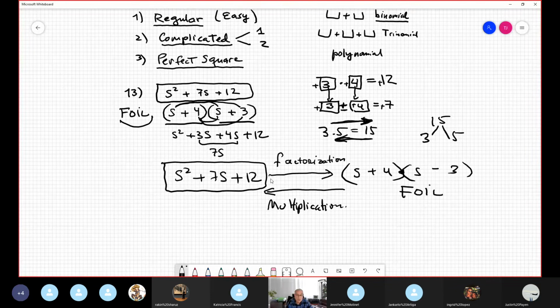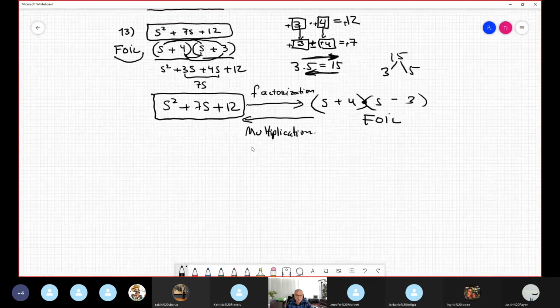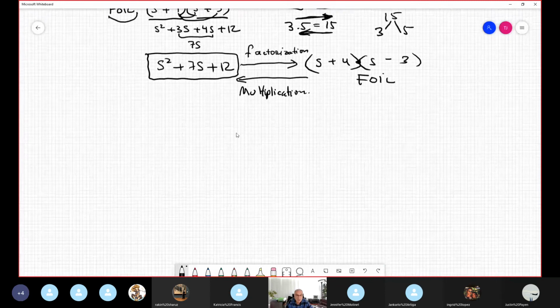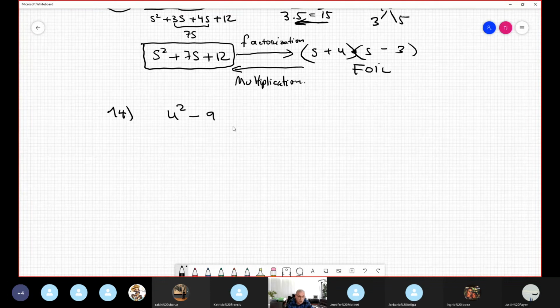Super. Let's practice, guys. I know it's hard, and sometimes finding the combination is hard, and also setting up the sign is a little bit hard. Suppose example 14 is u squared minus 9u plus 14.